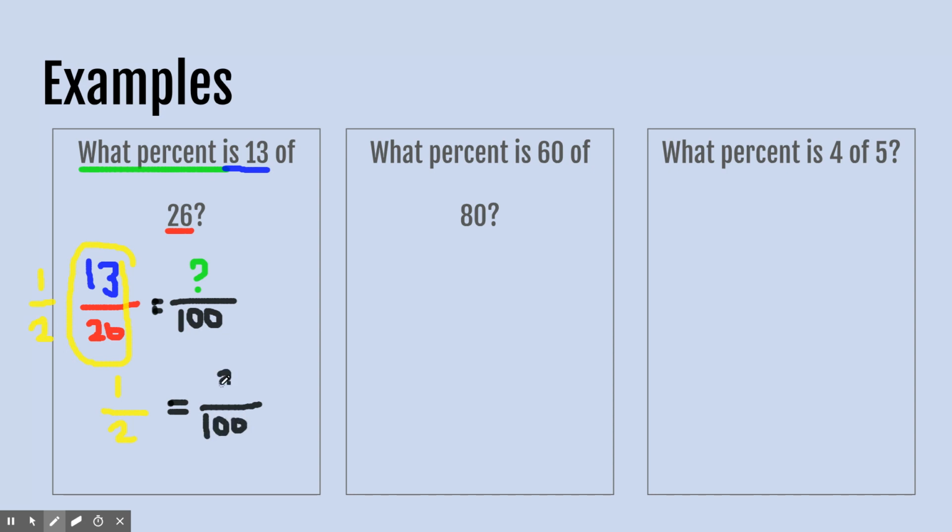So you might not even have to use the proportion to set it up, but this is what you would do if you needed to. So 2 times 50 is 100, meaning 1 times 50 would make that equal to 50%. So 13 is 50% of 26.